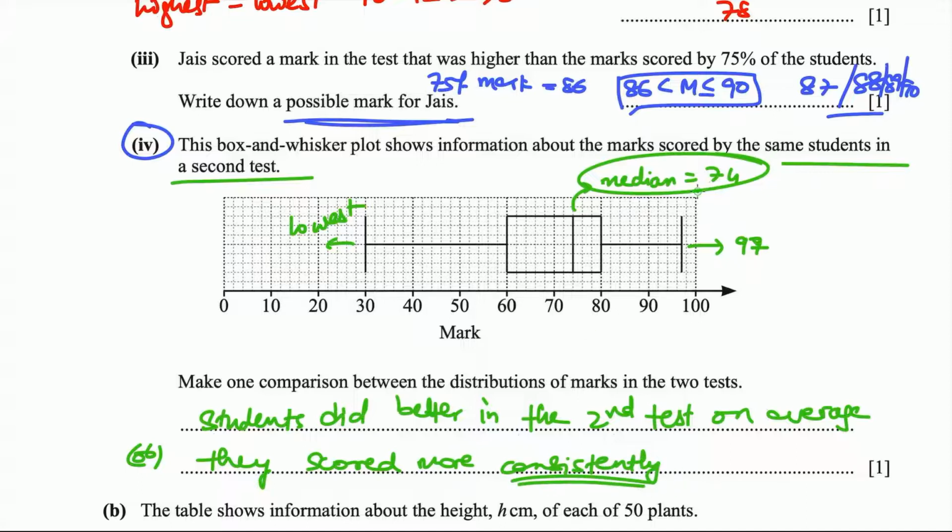Because consistently is about the range. In the first case, the range is 78, whereas now the range is 97 minus 30, which is 67. That means they scored more consistently. All their marks are bunched together. You can use any one of these two representations.